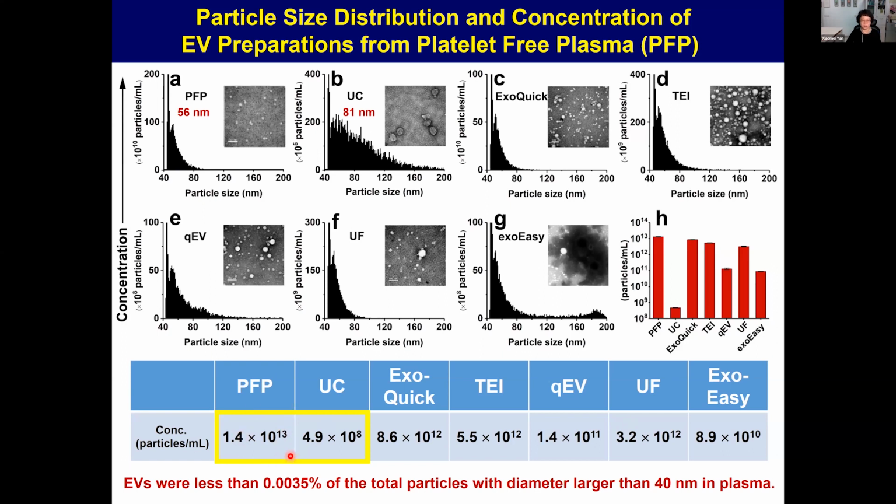For the EV isolates from ultracentrifugation, EVs only take a very small fraction of the total particles in PFP. And the particle concentration for the EV isolates from these commercial kits is about 2 to 4 orders of magnitude higher than what is isolated by ultracentrifugation.